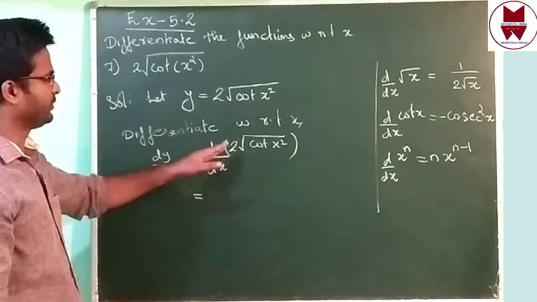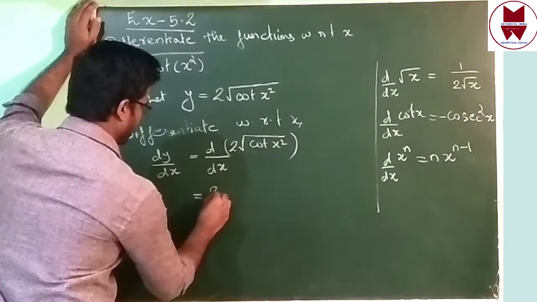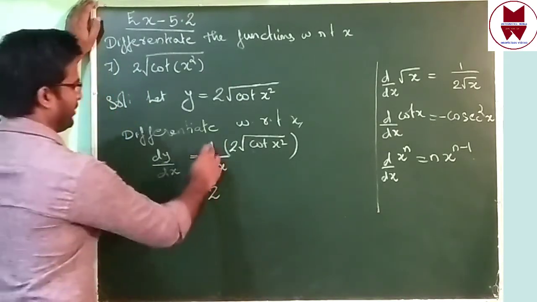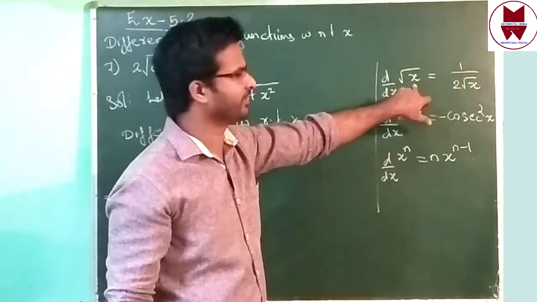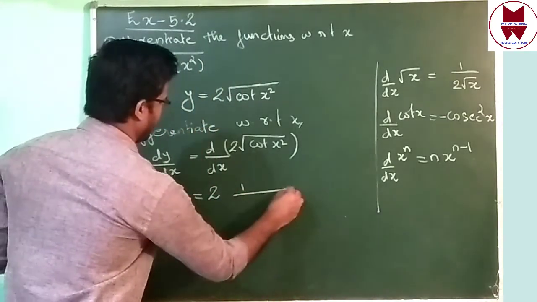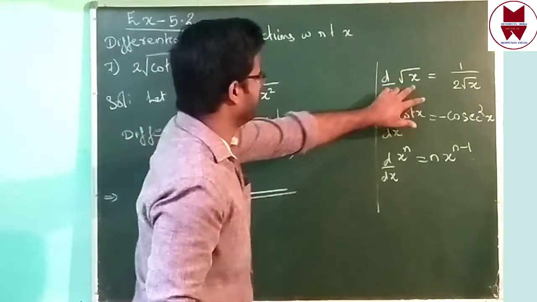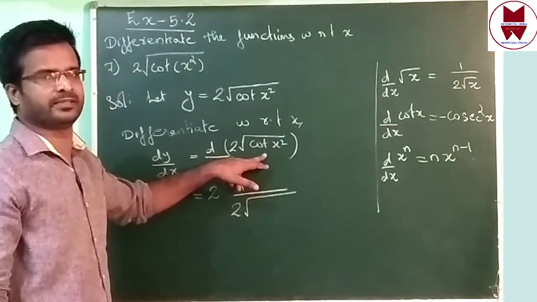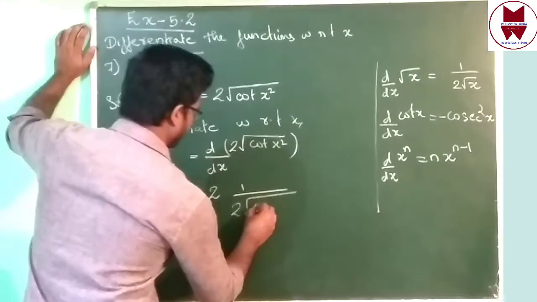D by dx of 2 root cot x square. 2 is a constant, no need to do anything, write 2. Then d by dx of square root, use this formula, that is 1 by 2 root x. Here it is x, but in the given function inside the square root is cot x square, that's why we write cot x square.